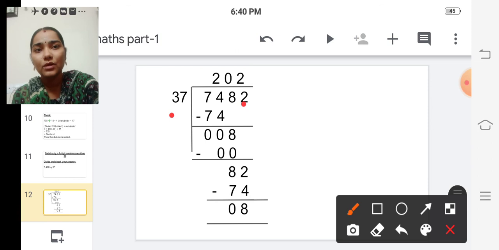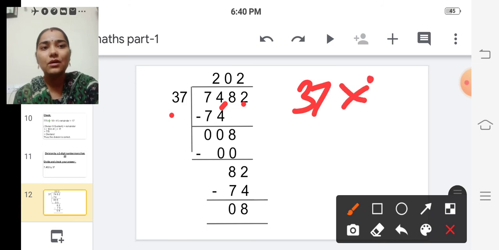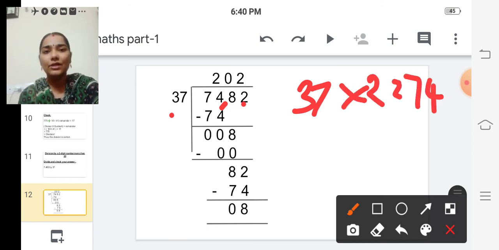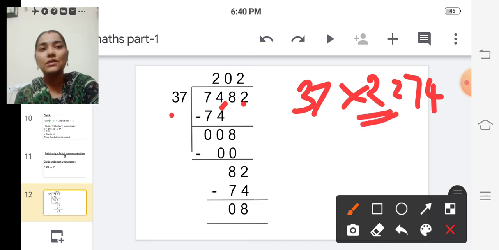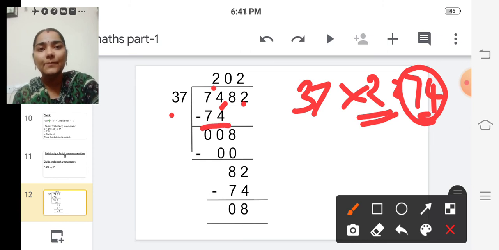Okay, what are the first 2 digits? 7 and 4. So 74. So 37 twos are 74. So we have to put this 2 in the quotient, and we have to put the 74 here and subtract: 74 minus 74 is 0.